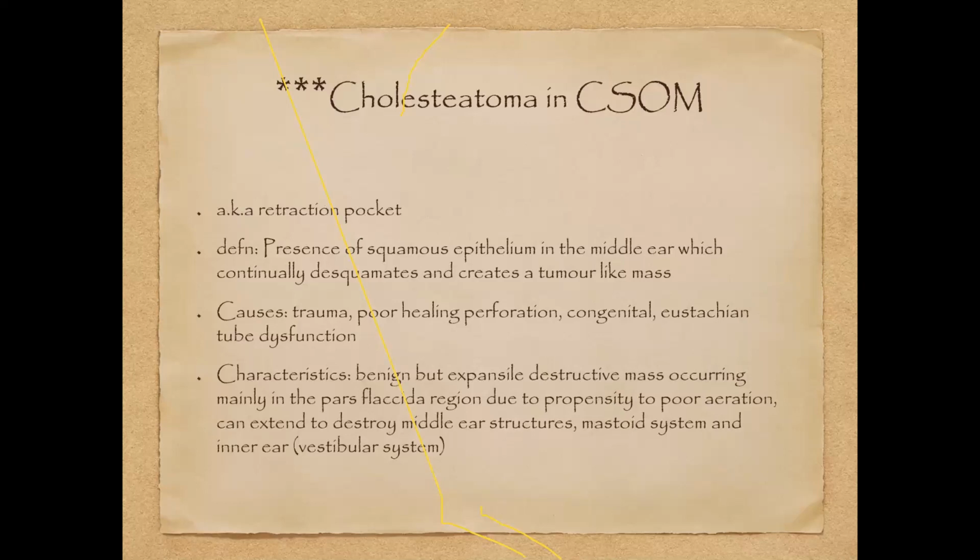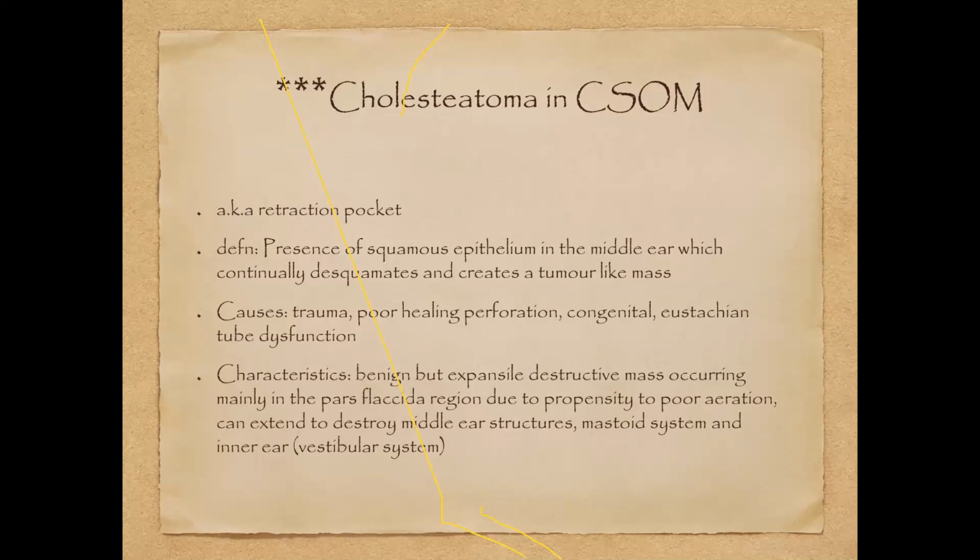That's what we say. So remember, the tympanic membrane has 2 layers. You have the squamous epithelium on the outer side, and then you have the cuboidal epithelium on the inner side, in the medial side of the tympanic membrane. So the cholesteatoma starts from the outer side of the tympanic membrane as a retraction pocket because the Eustachian tube is compromised.